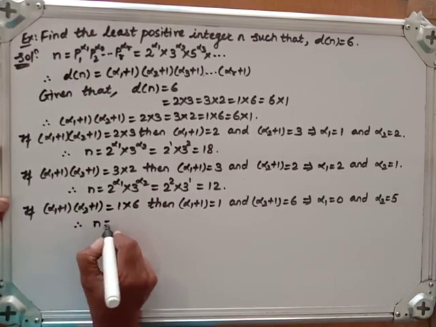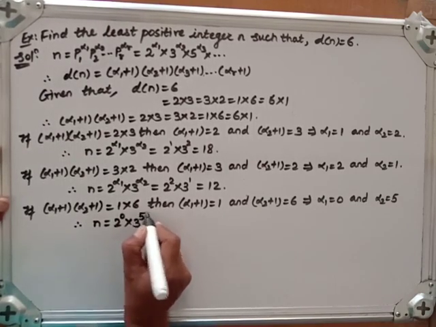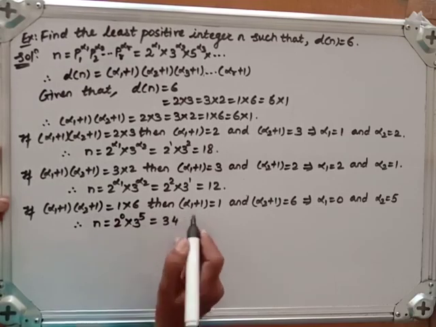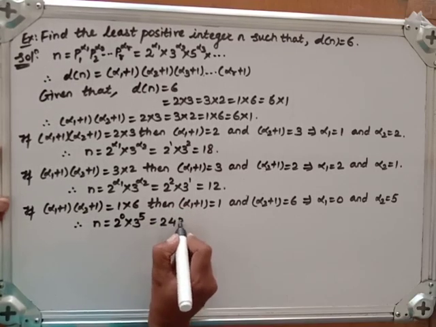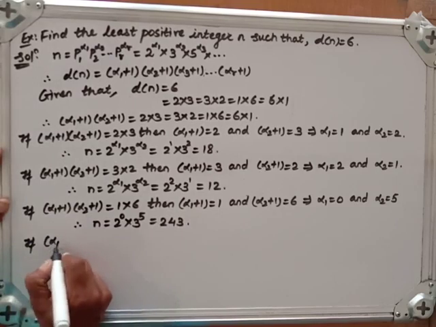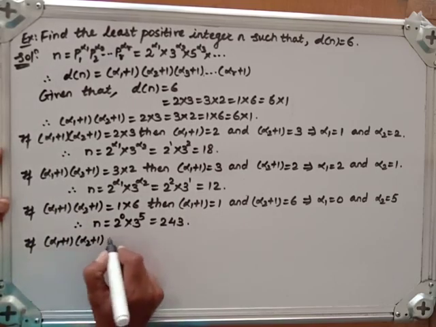Therefore, n is equal to 2 raised to 0 into 3 raised to 5. So 3 raised to 5 will be 243. Fine.